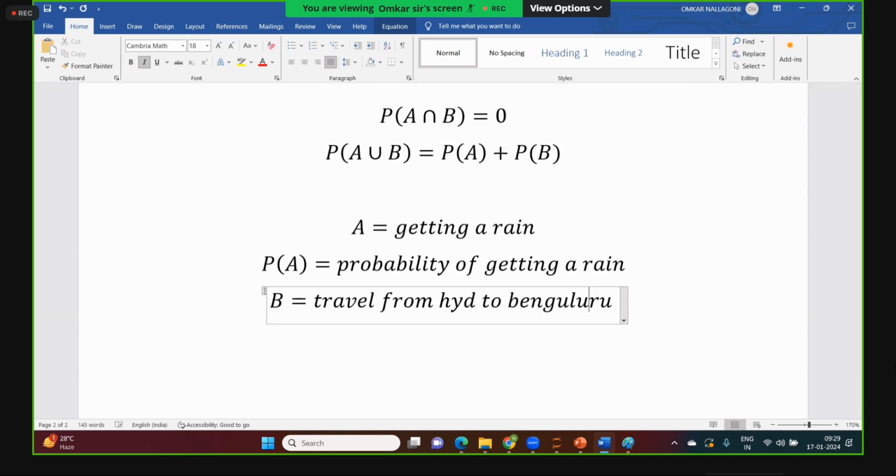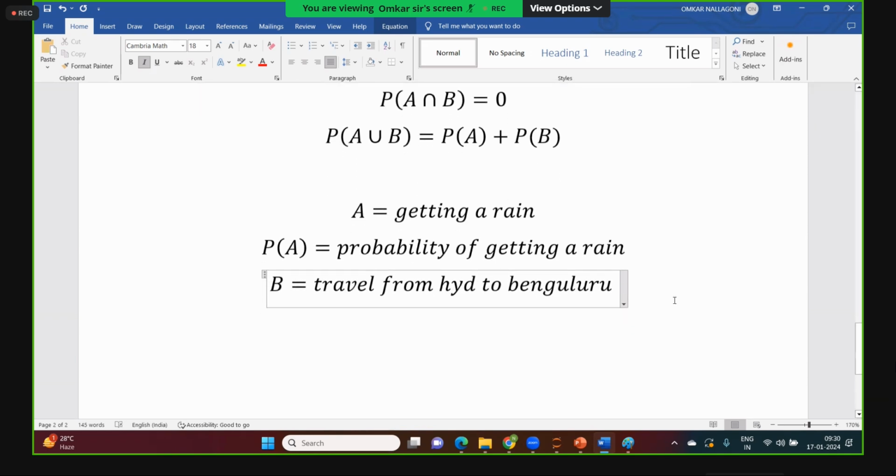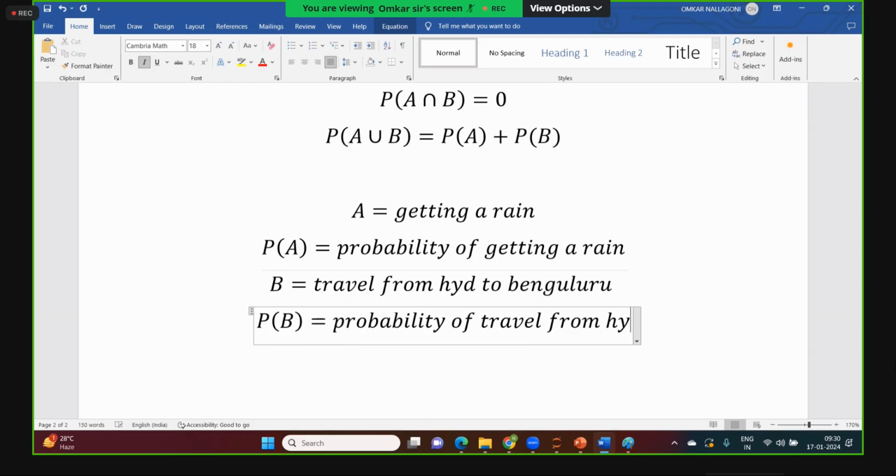Now P of B is equal to the probability of travel from Hyderabad to Bangalore.